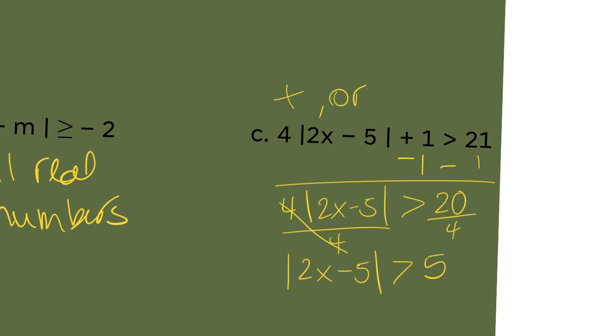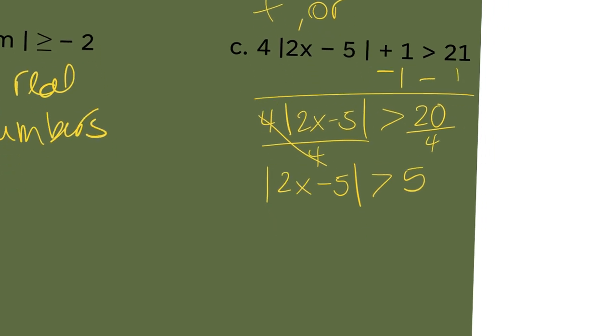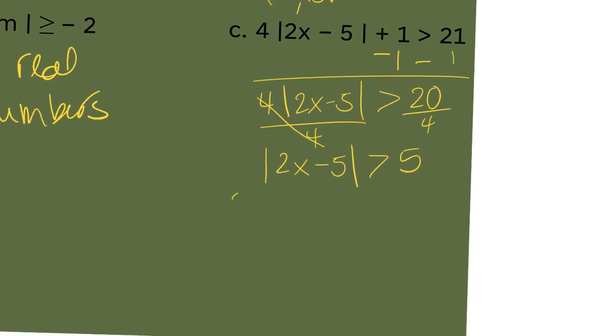Greater than, so it's "or". So I'm going to do 2x minus 5 is greater than 5, or 2x minus 5 is less than negative 5.